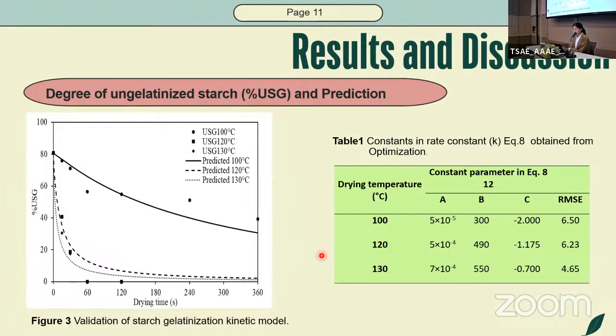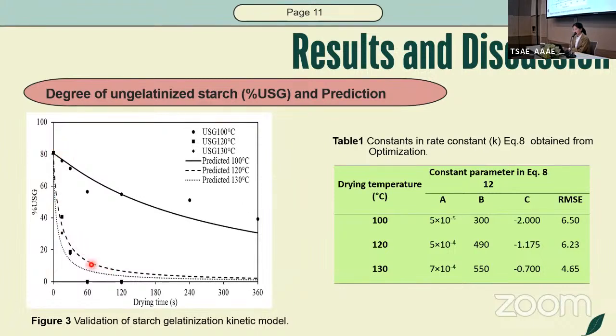Figure 3 shows you the degree of gelatinization during the various steps. You can see that at the beginning of the drying step, the percent is equal to 80%, with the starch gelatinization already occurred in the soaking step around 20%.